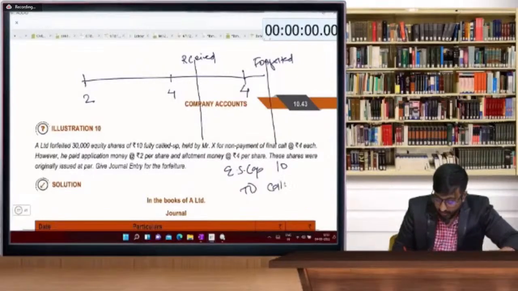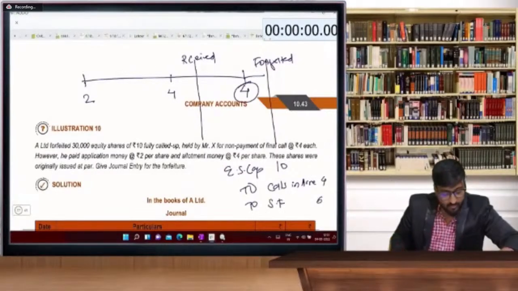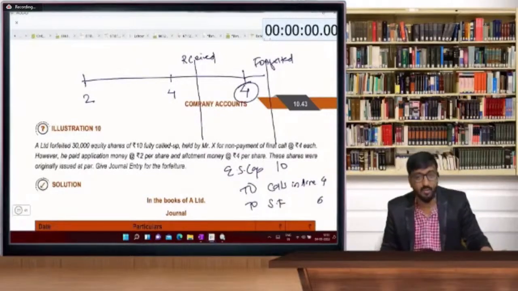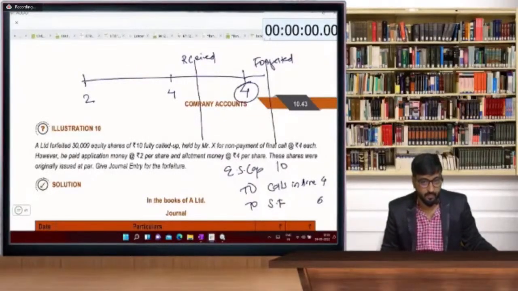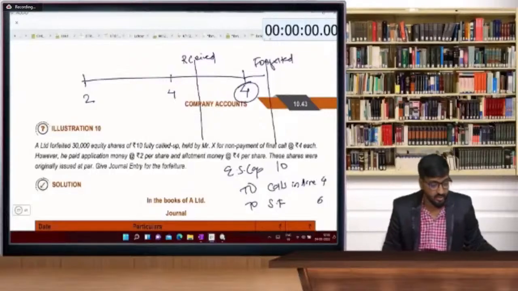To call in arrears 4, this 4 because this is not received, and to shares forfeited 6. So equity share capital 10, to call in arrears 4, to shares forfeited 6. And then just multiply by the number of shares.